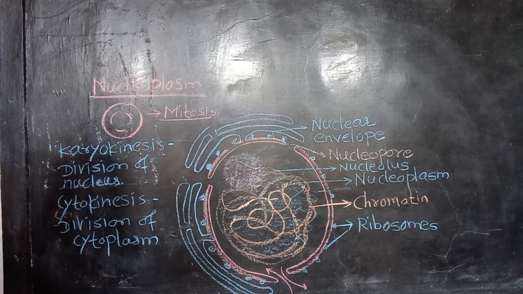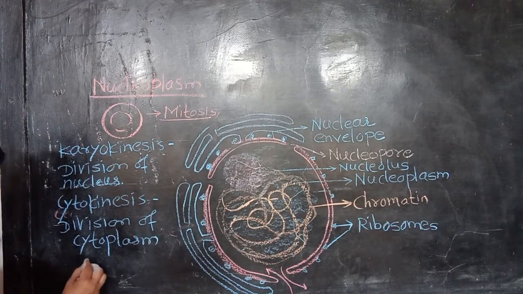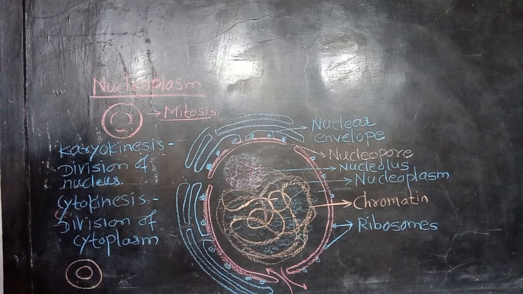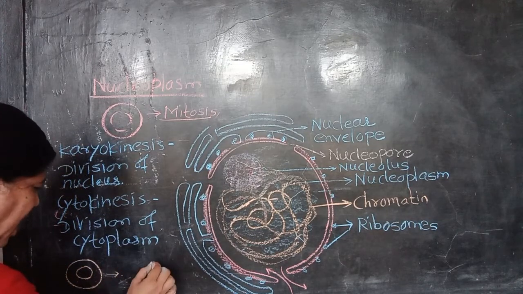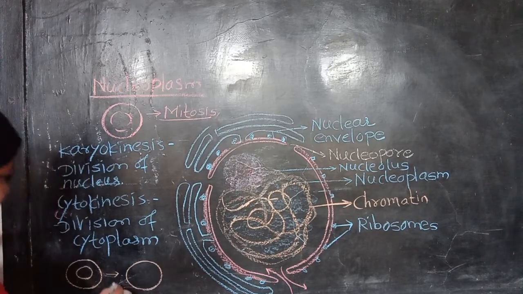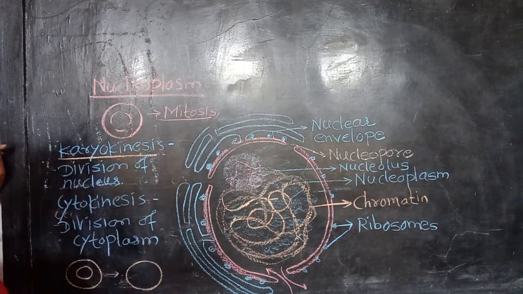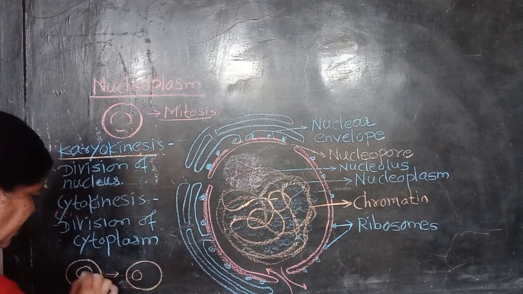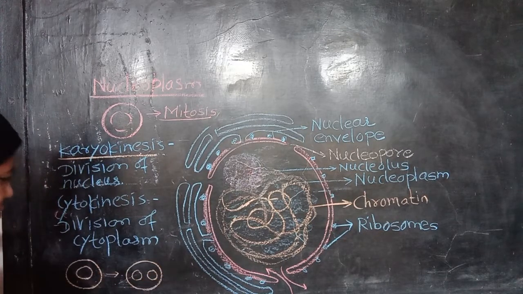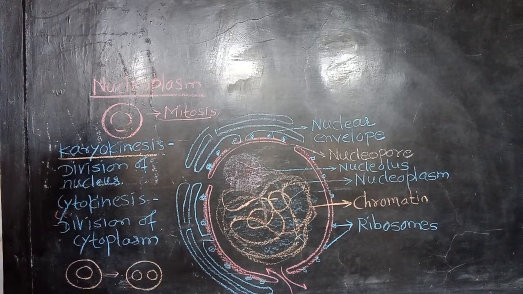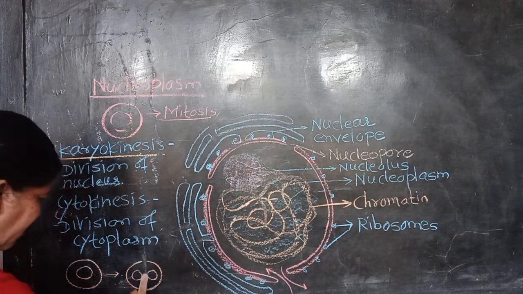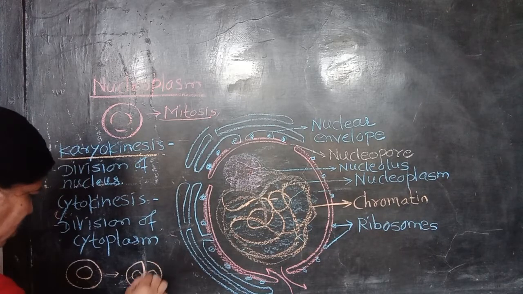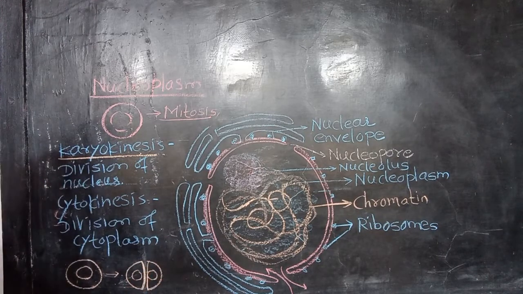So this is the cell, and inside the cell, this is the nucleus. When this cell undergoes mitosis, after completion of karyokinesis, a single nucleus divides into two nuclei. So division of the nucleus is called karyokinesis, and division of the cytoplasm is called cytokinesis.